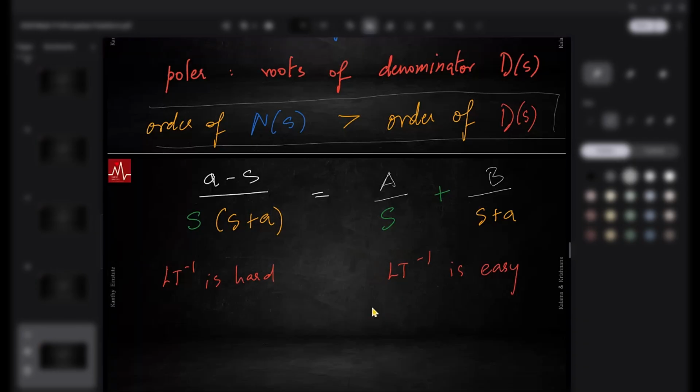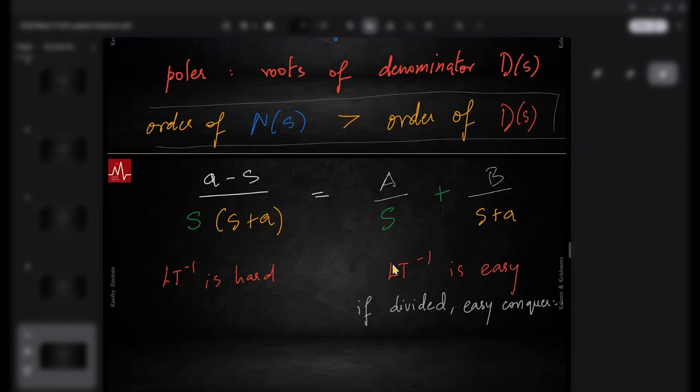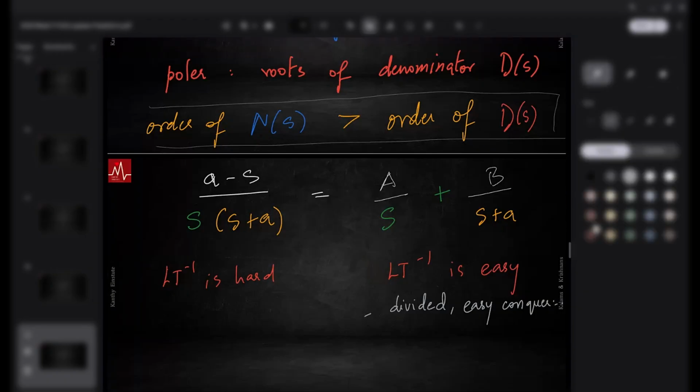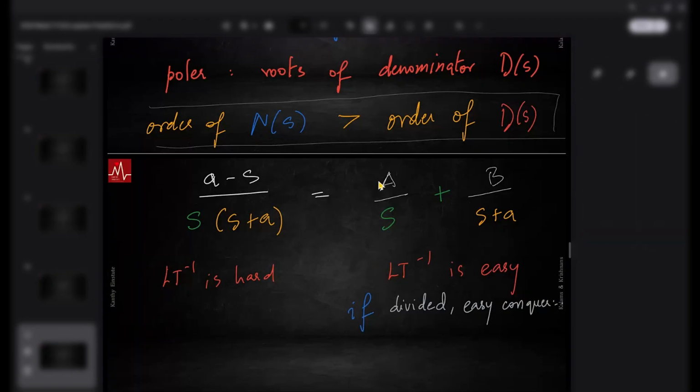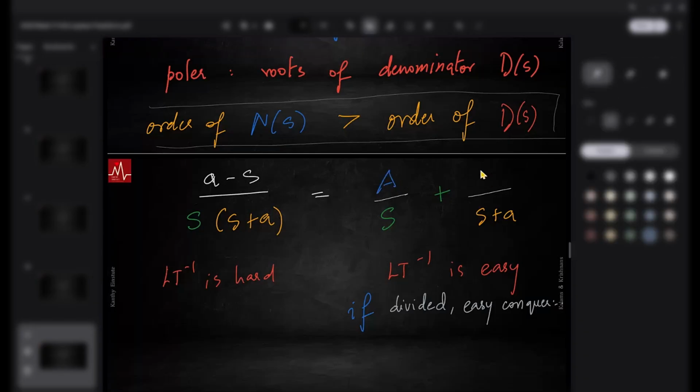Now divided, if divided, easily conquerable. The question is if. That means if you know these constants A and B, you have divided them successfully.